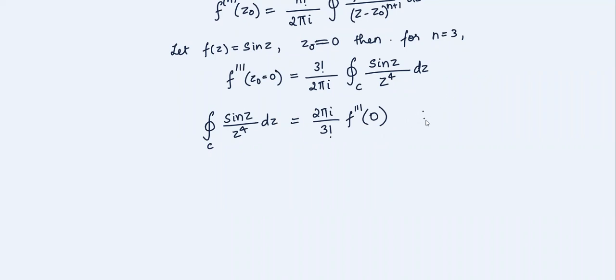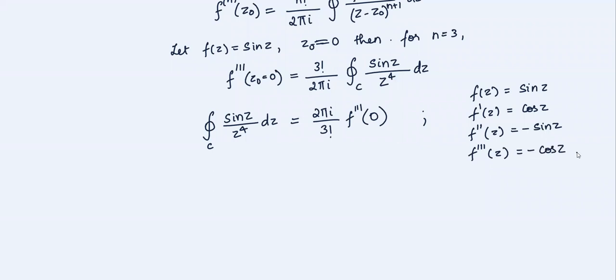Now f of z is sine z, f dash z will be cos z, f double dash z will be minus sine z, f triple dash z will be minus cos z.